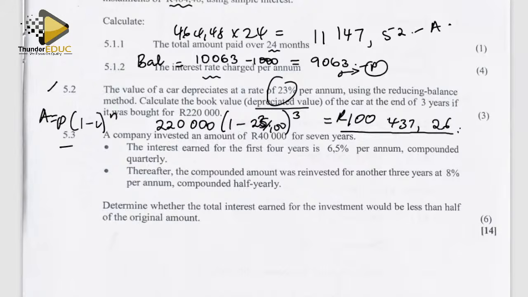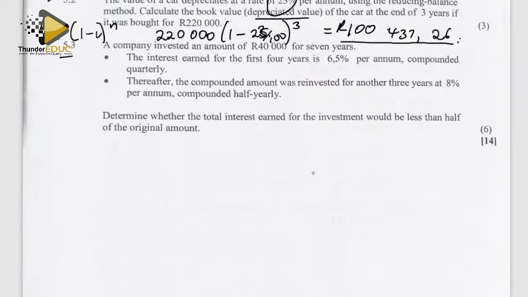5.3, a company invested 40,000 for 7 years. For the first 4 years, compounded quarterly, thereafter it was reinvested at 8% half yearly. So this is more like, okay, timeline.